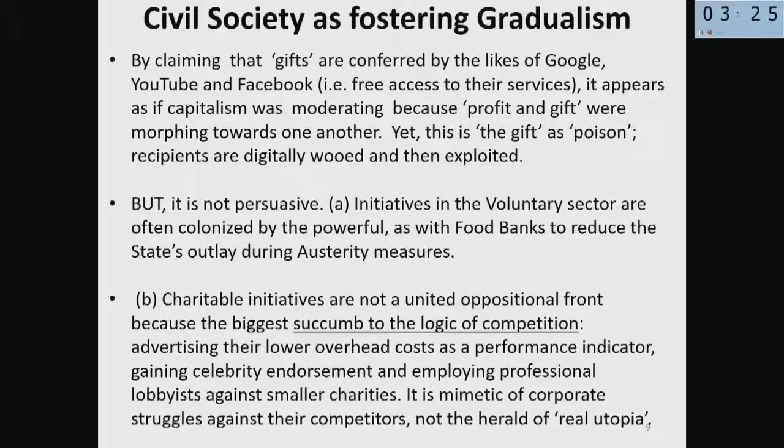Food banks are a great example here. In, I think it was 2008, Pierpaolo, we organized that meeting where Giorgio Vitalini was present and talked about the start of the food bank in Italy.